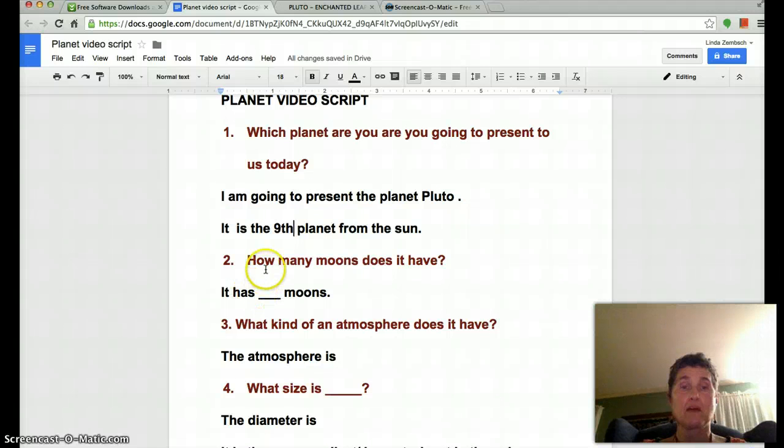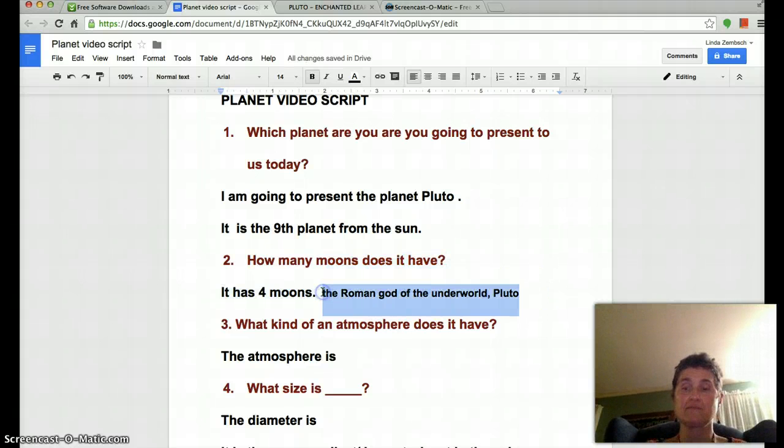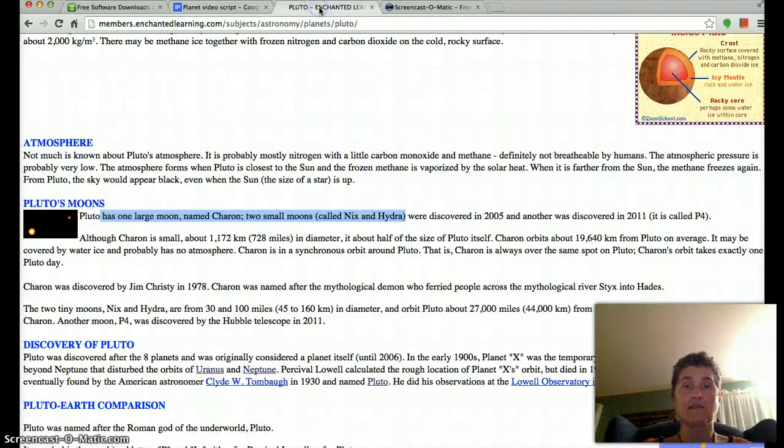How many moons does it have? It has 4 moons. And I have the information. Oops, wrong information. Go back again. It has one large moon named Charon, also Nix and Hydra.